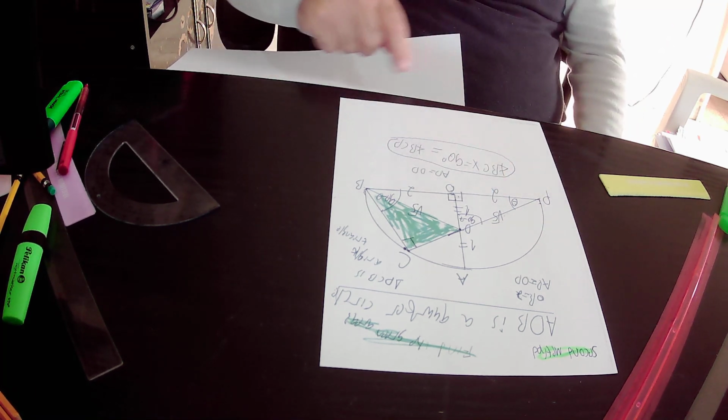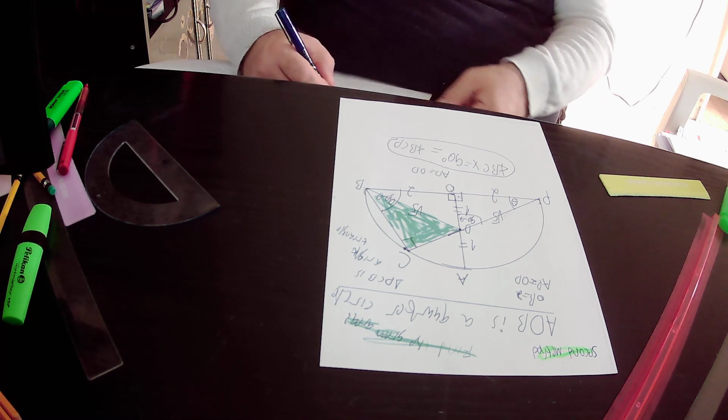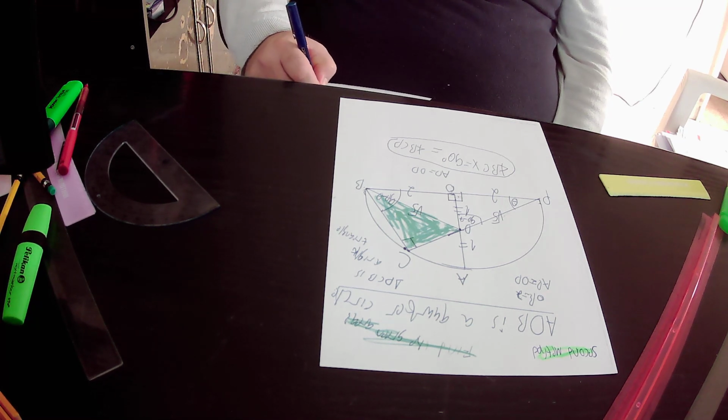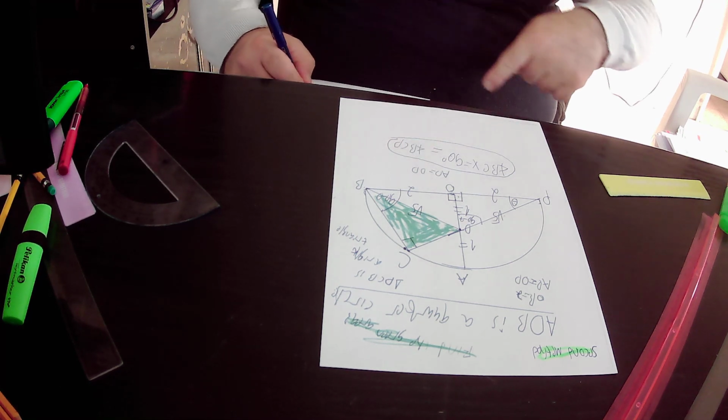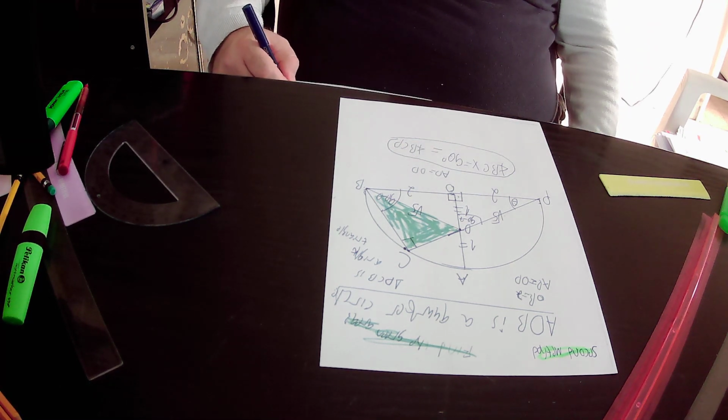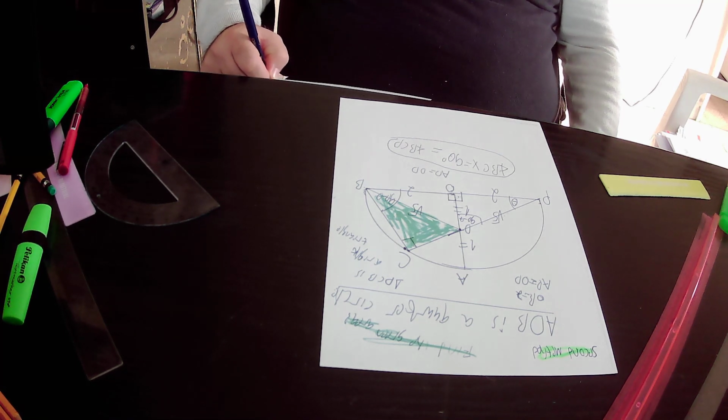So this angle, that is actually angle PDO, equals this angle, that is actually angle CBP, and they are both equal to 90 degrees minus theta, therefore they are equal to each other.